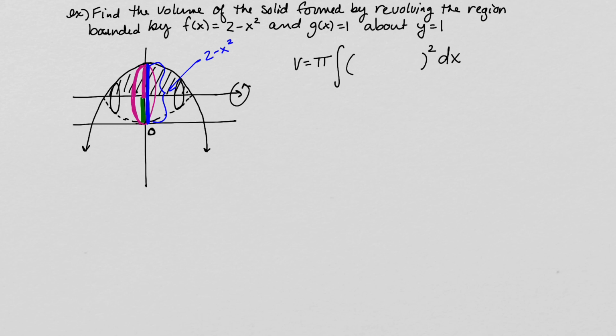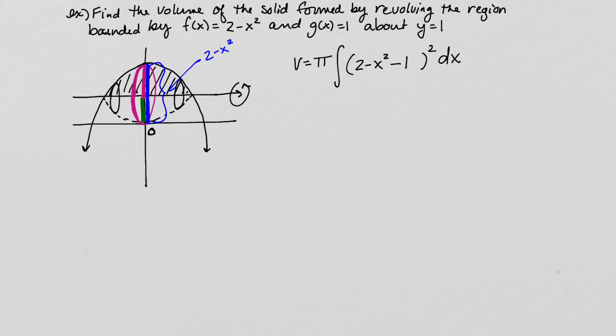Yeah, 1. So my radius in this case happens to be the function 2 minus x squared, but then I'm taking off 1. And the reason, again, is 2 minus x squared gives me this whole entire blue line. I'm only looking for this pink part. So if I take the blue part and subtract off this green part here, that leaves me with the radius.